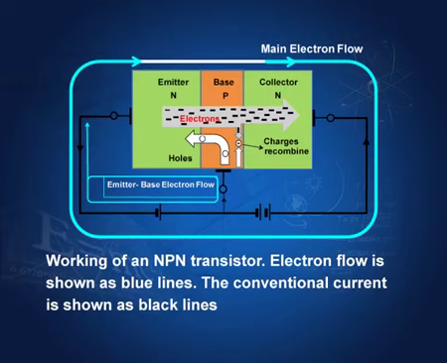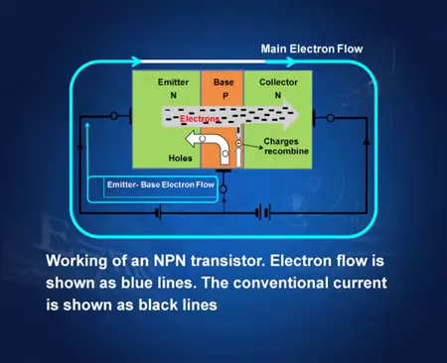Electrons move from emitter through the base to the collector, and then they are circulated around. So, the electrons flow like this. The conventional current, as you know, is in the direction opposite to the direction of electron flow, and therefore, this black line shows you the direction of the conventional current.